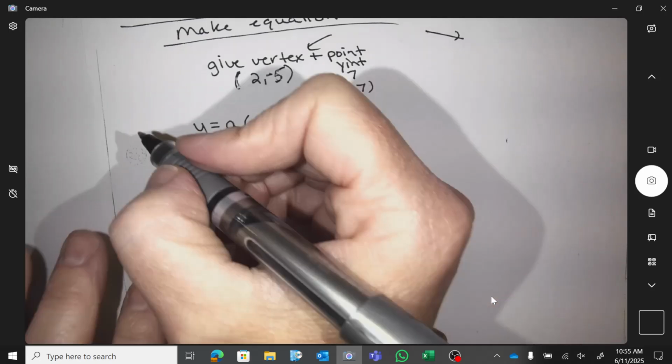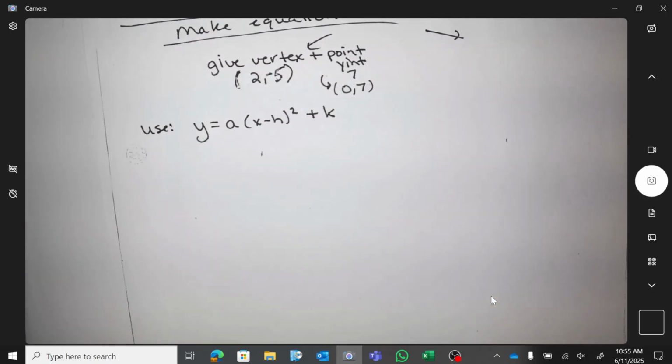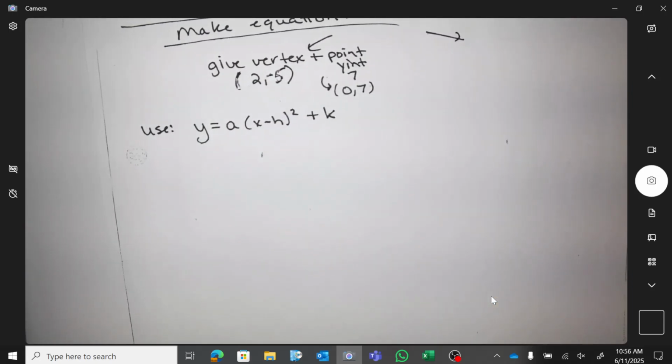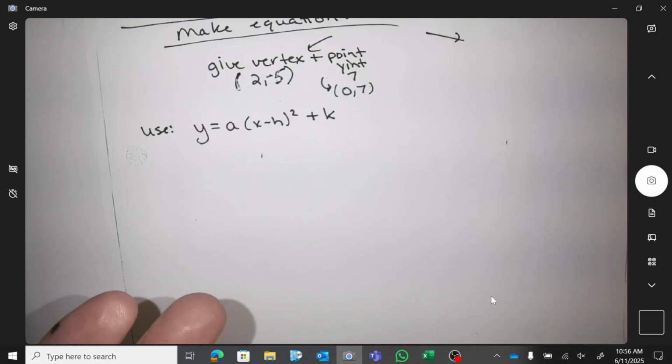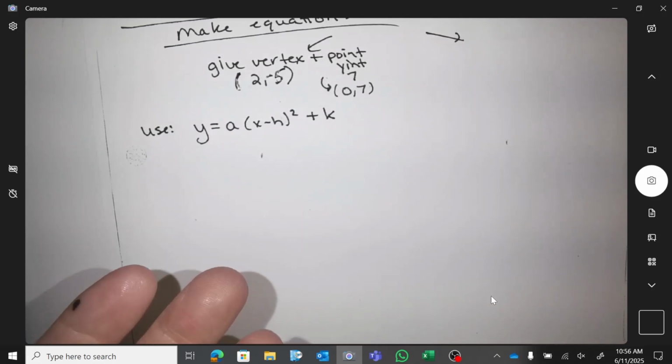Then you use this. This is the trick. You use this one. Okay, so when you use the vertex, what letters in this thing does the vertex associate with?